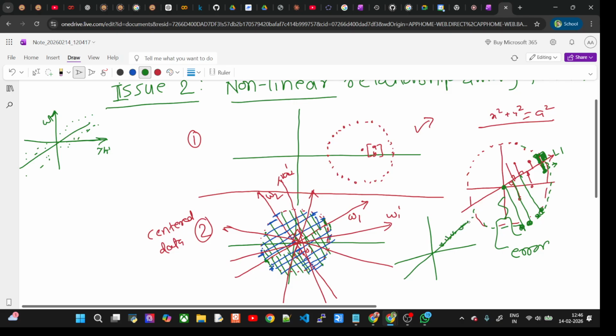For these points you are projecting here, but if you project on the other line, the points will just fall on this, and the projection is more on this side line rather than on this line, so here the variance is less. That's why you choose this horizontal line.